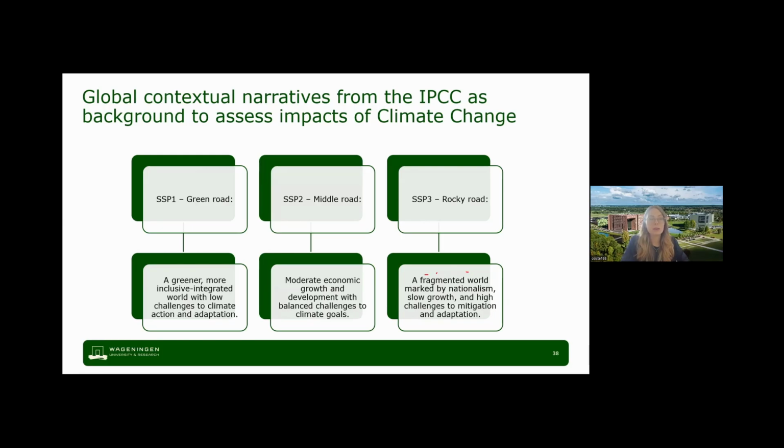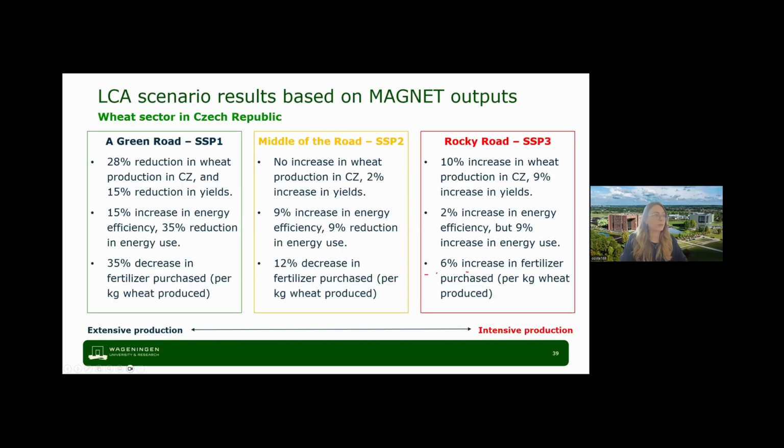And there is the third SSP, which is the rocky road, a fragmented world marked by nationalism, slow growth, and high challenges to mitigation and adaptation. If you have questions about all the underlying assumptions, I would really refer you to last week's presentation. But for now, we just assume these, and then we go into how we linked this to LCA.